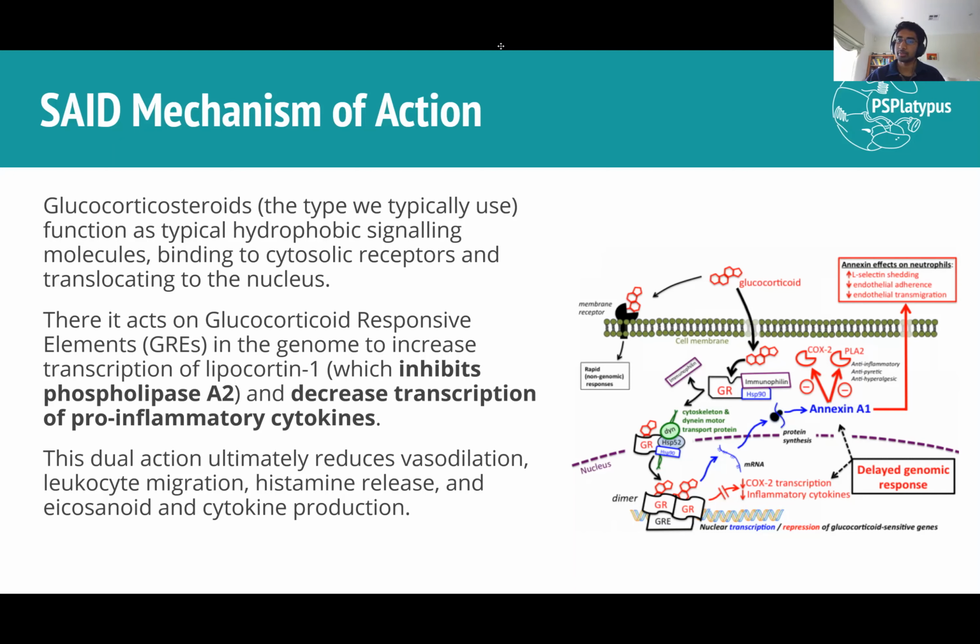And that has sort of a dual action. It both promotes the transcription of lipocortin 1, which is part of a pathway which inhibits phospholipase A2, and we also decrease transcription of pro-inflammatory cytokines, including COX-2. So we have a number of different genomic effects, and they combine together to form quite a good anti-inflammatory effect. There is also a membrane pathway.